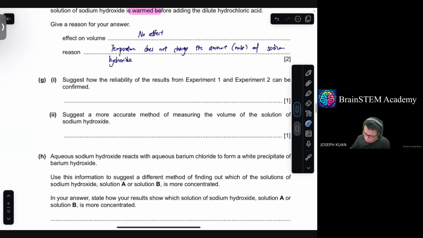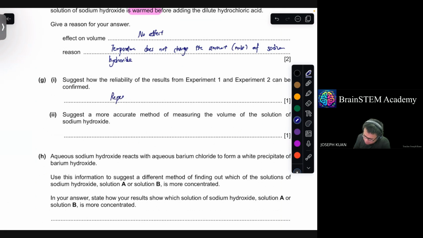Moving on to G1, suggest how the reliability of the results from experiment 1 and experiment 2 can be confirmed. Repeat the experiment and compare the results with each other. Right, you do repeats and then you compare them with each other and see if there are any anomalous results. Right, 2.